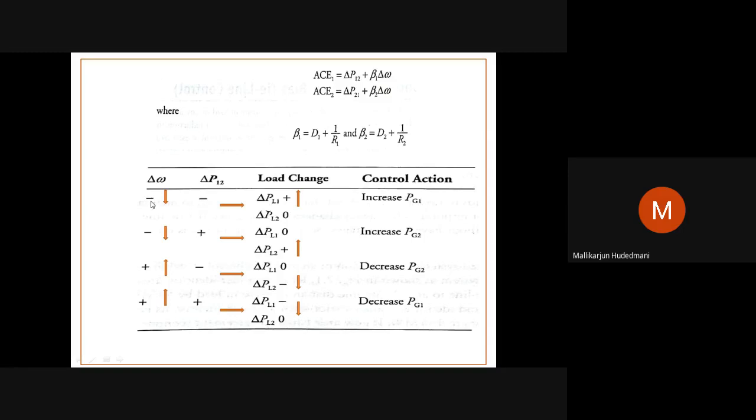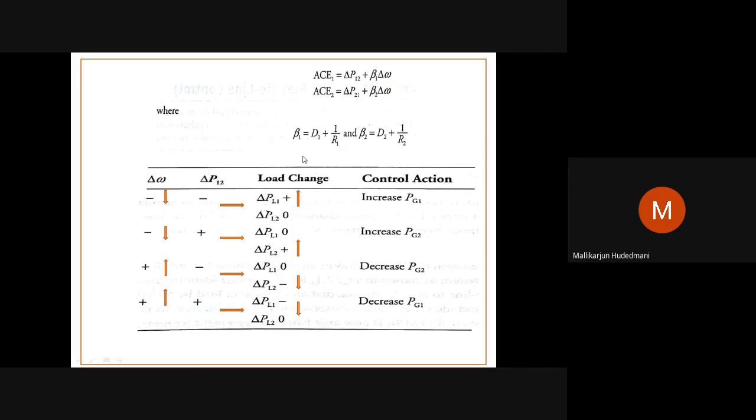If delta omega is minus and delta P12 is minus, the knowledge we get from the control system is that delta PL1 is increasing. Because of that, delta P12 is minus, delta omega is minus. When delta omega and delta P12 of interconnected areas are both minus, it is an inference that load in area 1 is increasing.